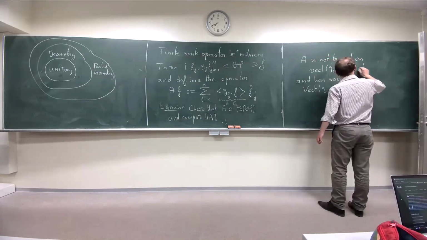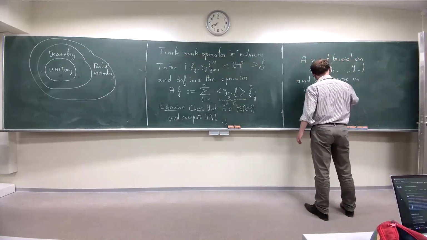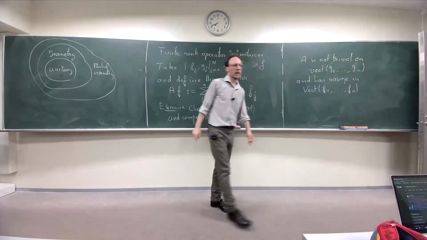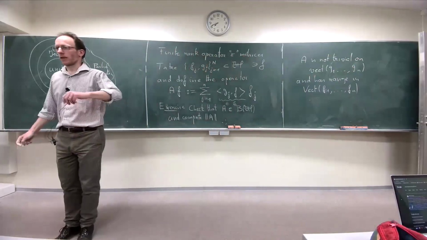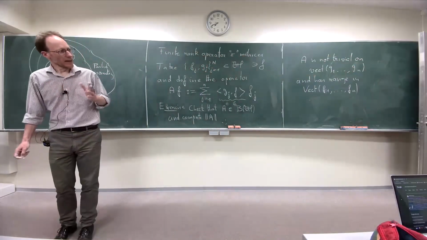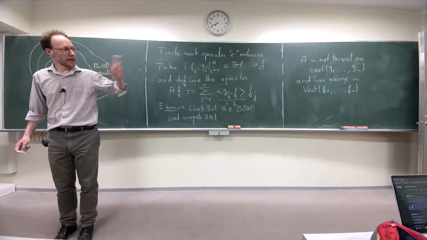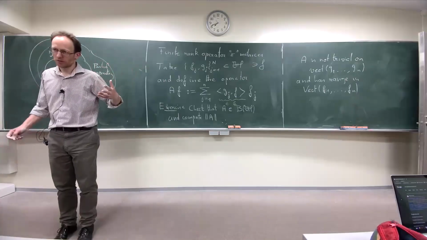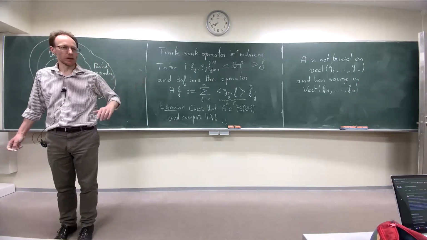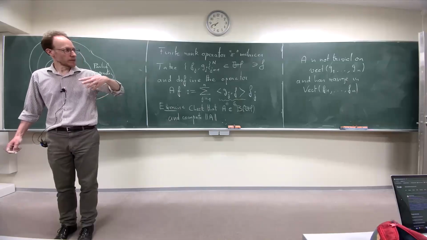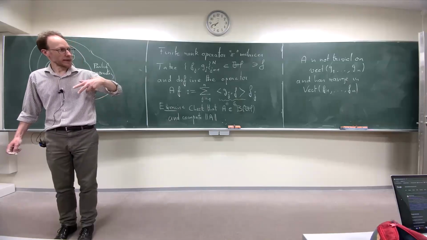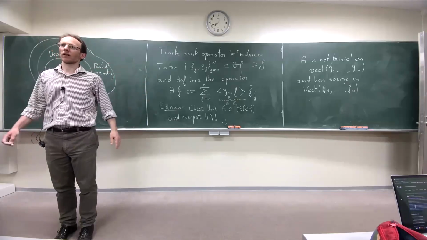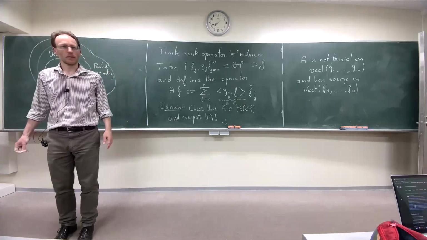And this is not really different from a matrix. It can be of smaller dimension than n because I have not assumed that these n vectors are linearly independent. So some of them could be linearly dependent. But it takes something in a vector space of dimension at most n and sends it to a vector space of dimension at most n. Otherwise, it's trivial. It's almost a matrix.